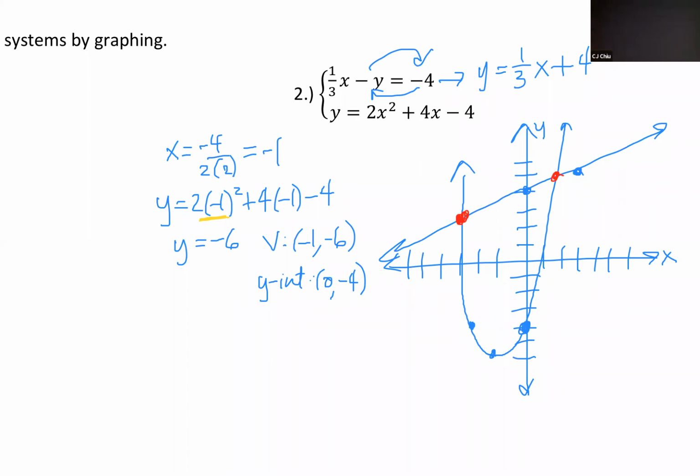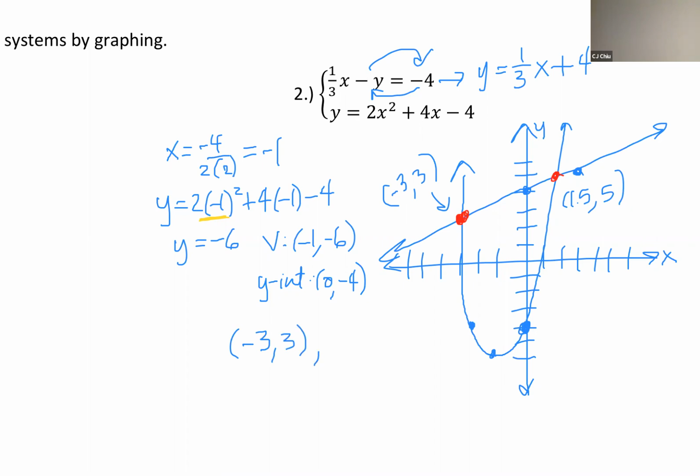So let's say negative 3, 3-ish, and then maybe 1.5, 5-ish. So there are 2 solutions, negative 3, 3, and 1.5, 5, okay?